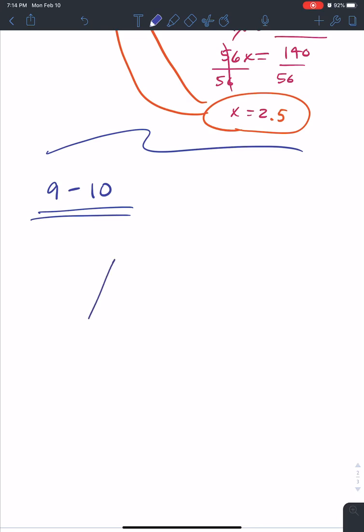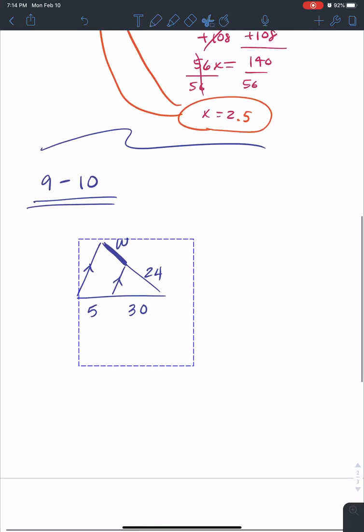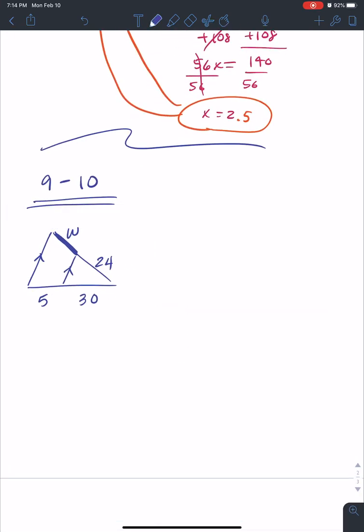So one of the questions could have been something like this, where I'm solving for W, and W is this piece here, okay? Most people did okay on that type of problem. I don't know if that was your number 9 or your number 10.